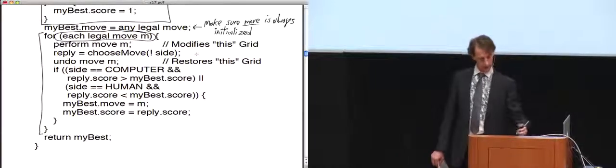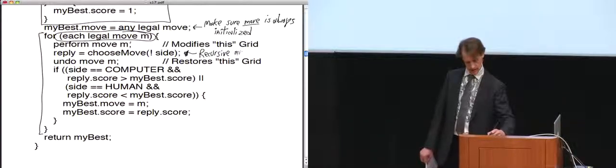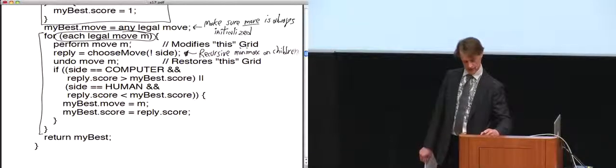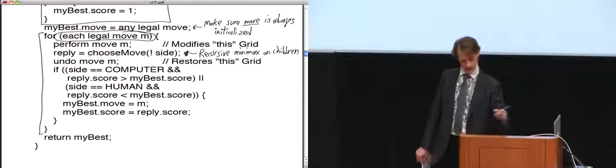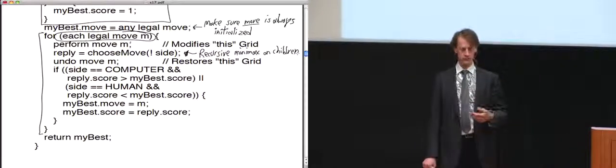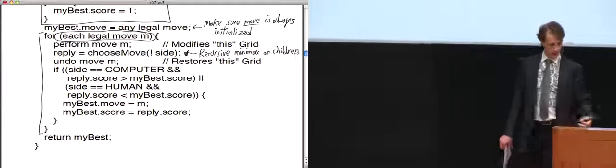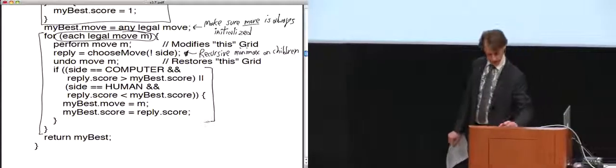But when we modify the grid, then we have a recursive minimax call here. So this is the heart of the recursion. And so the idea is we're going to use minimax to score all the children and get scores from the children. And then, for each child, if the child is better than all the previous children we've seen, then we pick that child.